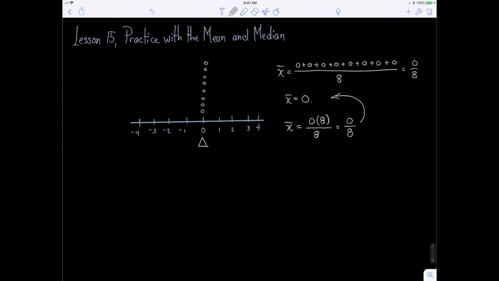And then also, we're going to use this triangle here to represent the mean of the data set. Okay, so with that, I'm going to put the top dot over here on 3.